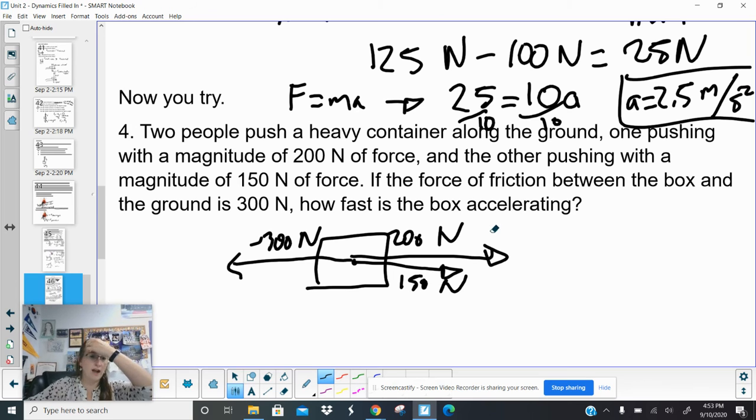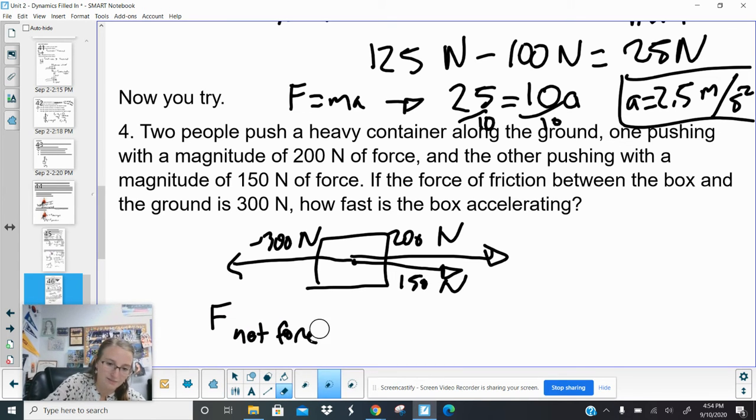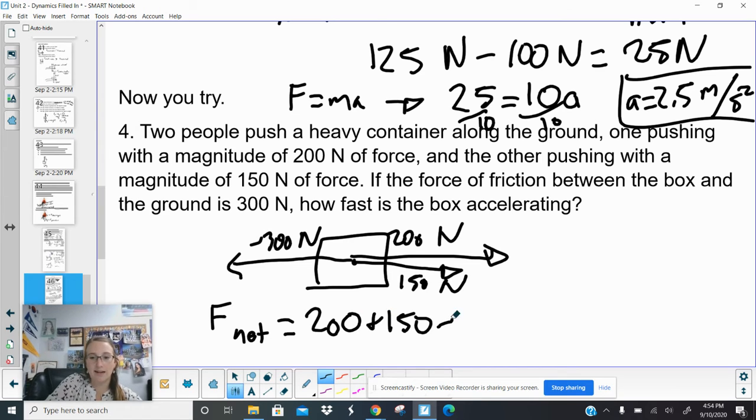Now, hopefully you kind of realize this. I wanted you to see if you can figure it out. If I have two forces going in the same direction, those are both positive. They add together to get the total force going in that direction. So my net force equals, I have a positive 200, I have a positive 150, and I have a minus 300.